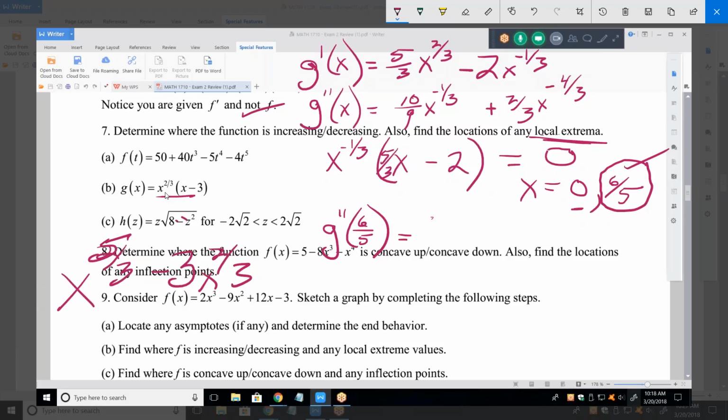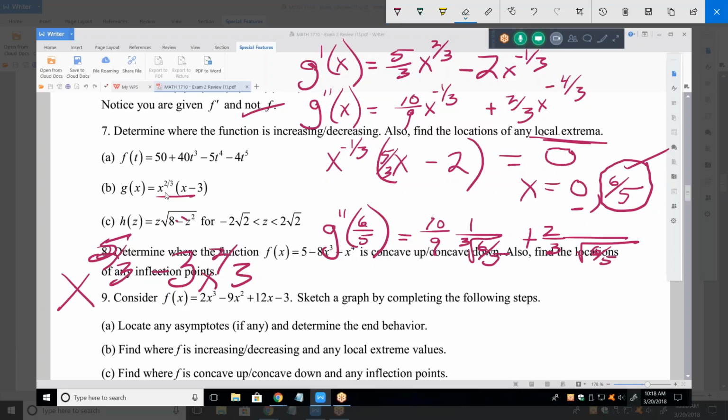Well, what is that? That is 10/9 times 1 over the cube root of 6/5, plus 2/3 over the cube root of 6/5 to the 4/3 power, not the cube root.